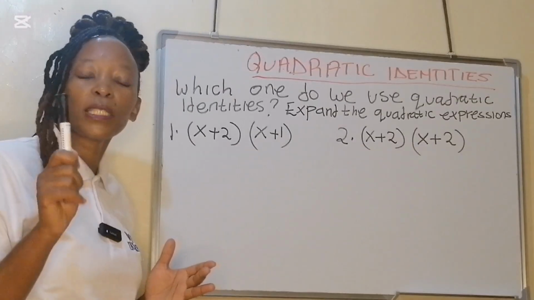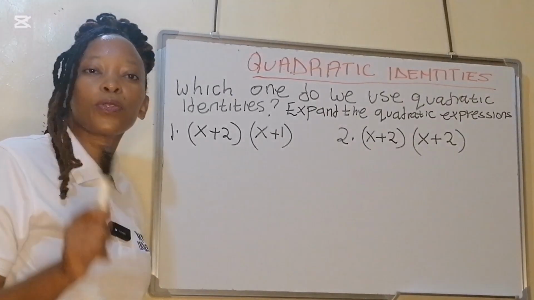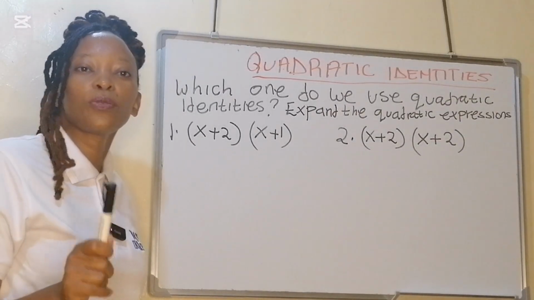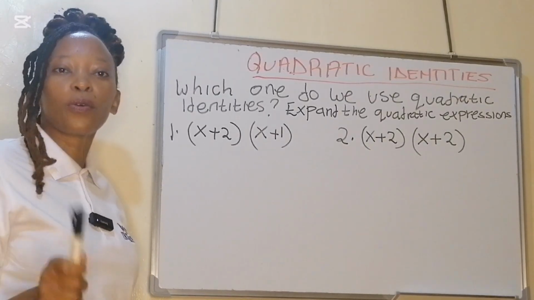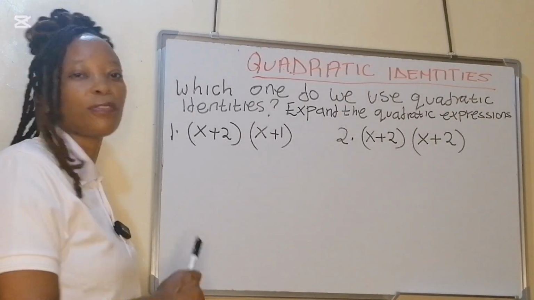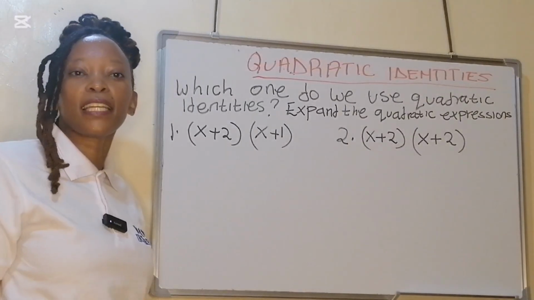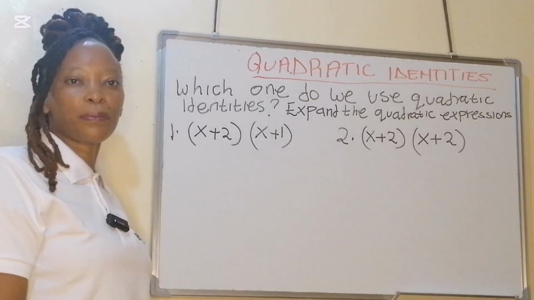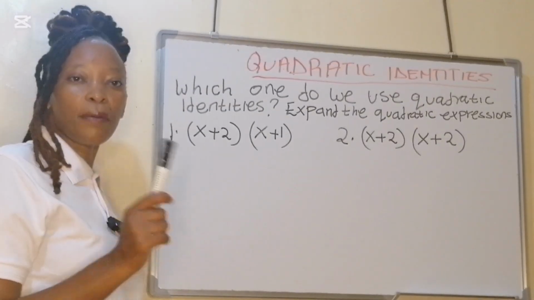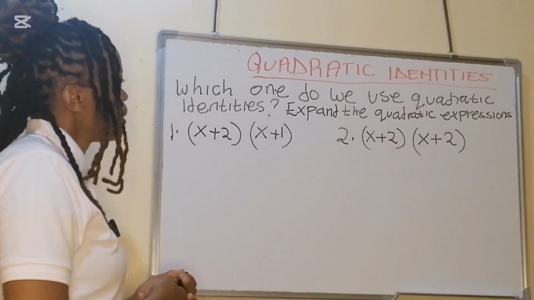Because there are quadratic expressions that you are not supposed to use quadratic identity to expand or factorize. And this is how you are going to identify which one you use quadratic identity on, and which one you would expand using the wrong method. Stay with me up to the end of the lesson.